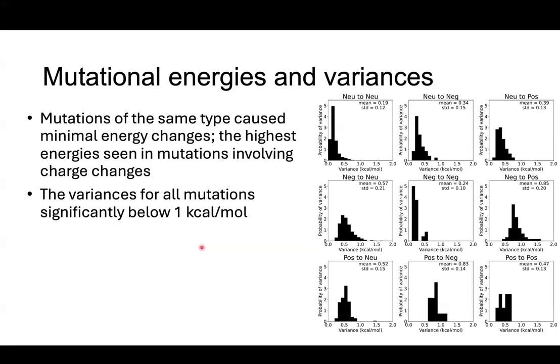So let's say that at 1.5 RT, we expect 1 kcal per mole of energy in the environment. Hence, it means that we cannot calculate energetic changes lower than 1 kcal per mole.